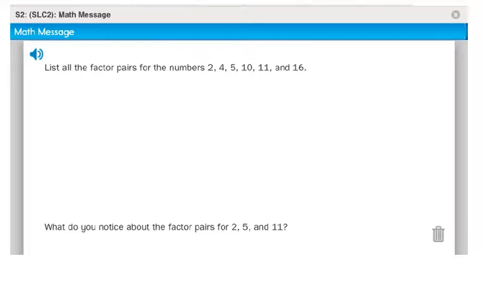Today we're going to review also factor pairs. So at the top of your whiteboard, please write the numbers 2, then leave a little space and write 4, then 5, 10, 11, and 16. If you remember back a couple of lessons ago, we talked about factor pairs.